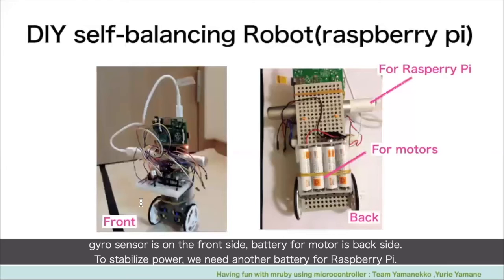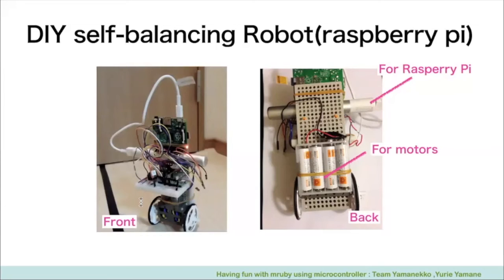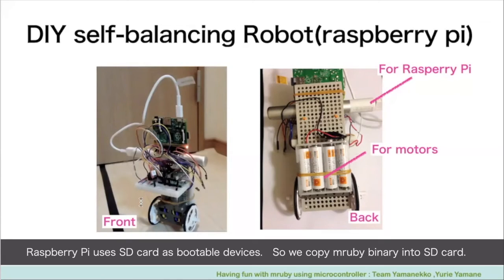The sensor is on the front side. The battery for the motors is on the back side. To stabilize power, we need another battery for the Raspberry Pi. Raspberry Pi uses an SD card as a bootable device, so we copy the mruby binary onto the SD card.